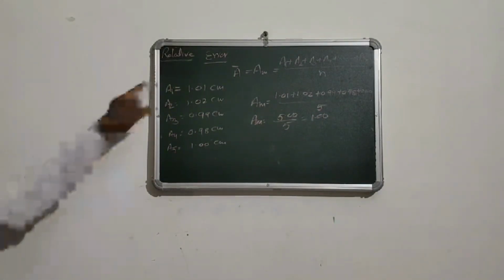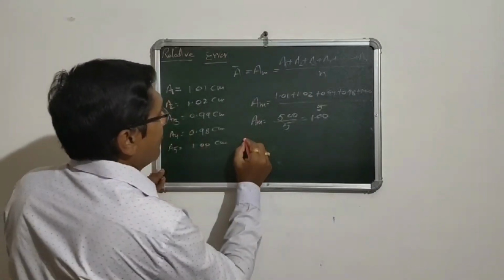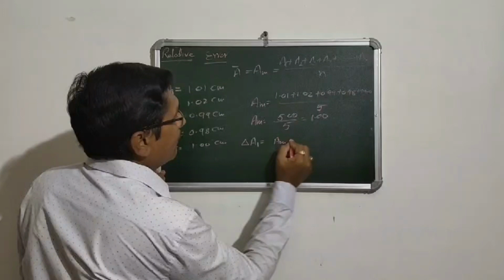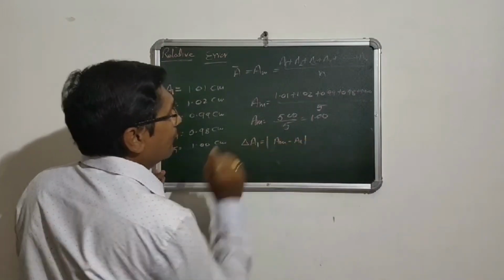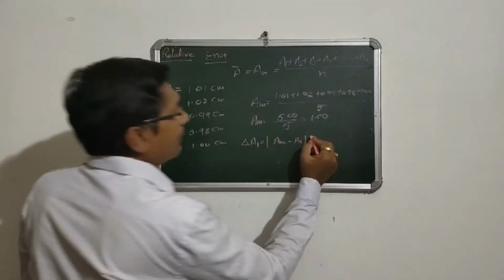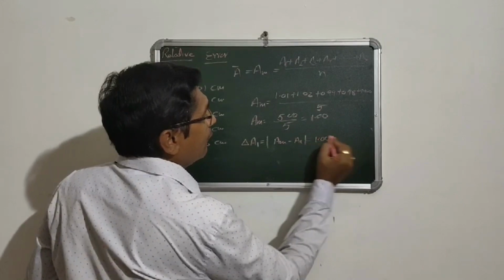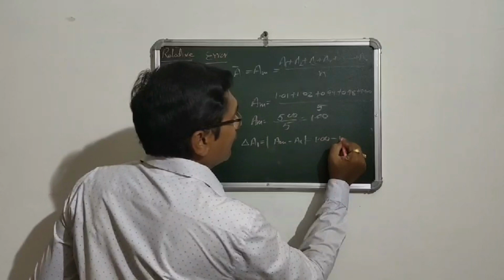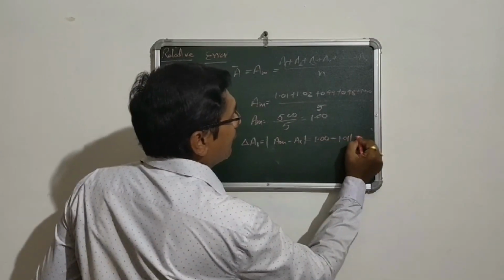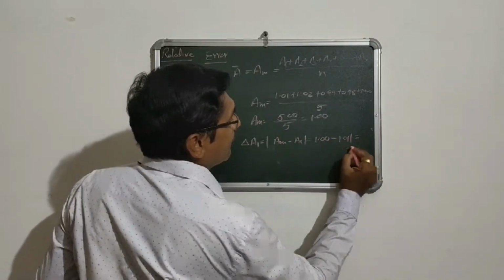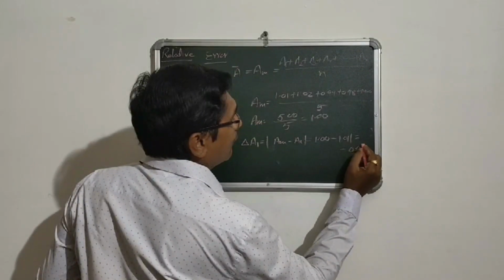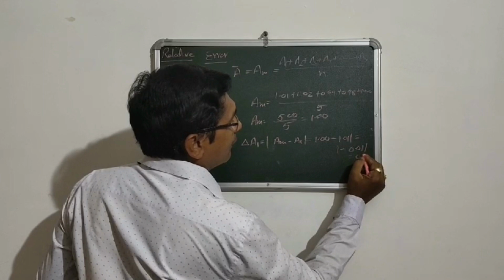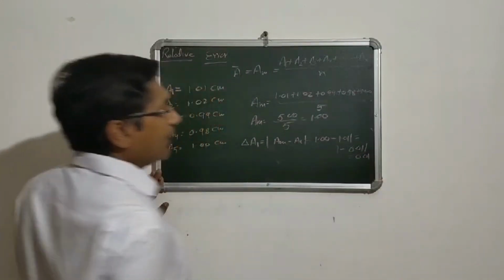Now we can find the absolute error in the A1 term. Delta A1 is equal to the modulus of A mean minus A1, which is 1.00 minus 1.01, equal to minus 0.01, but since we take the modulus value, the error is 0.01.